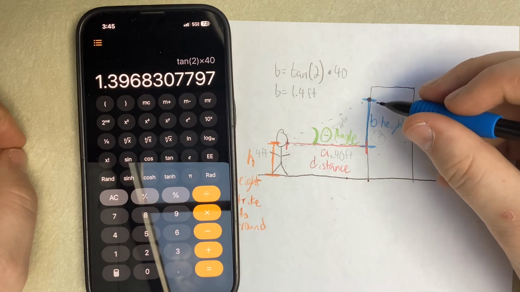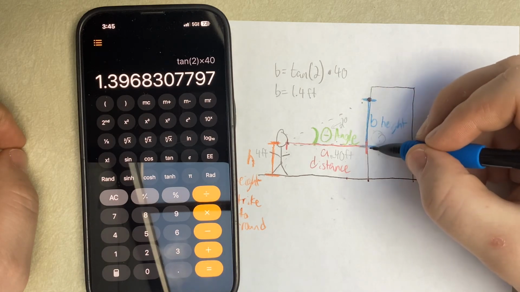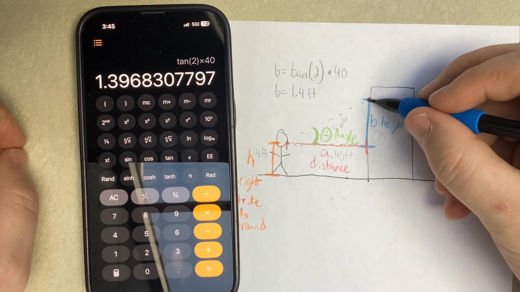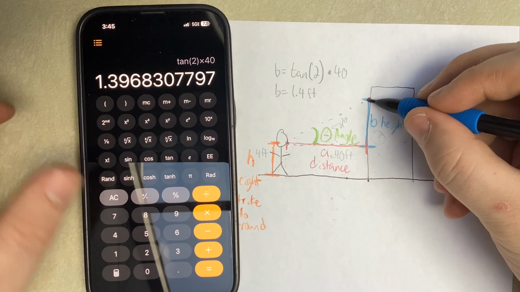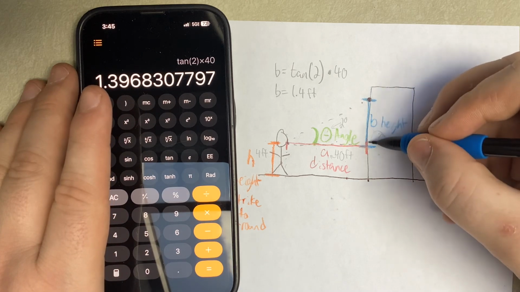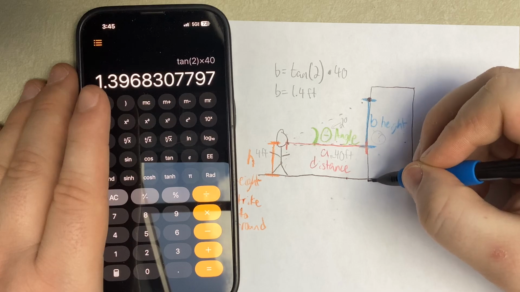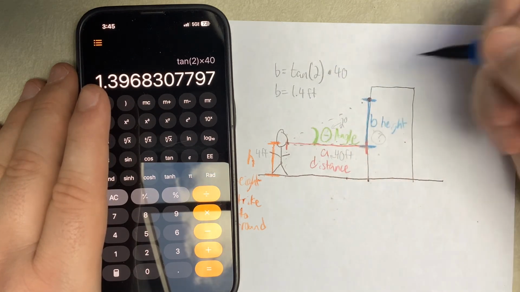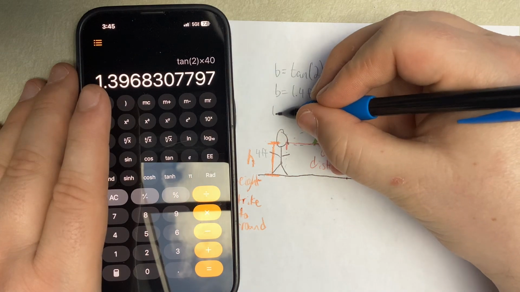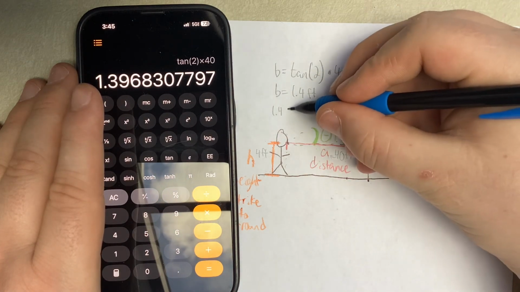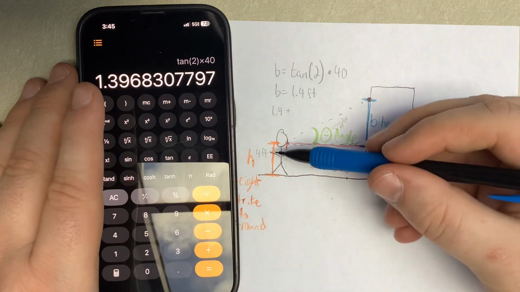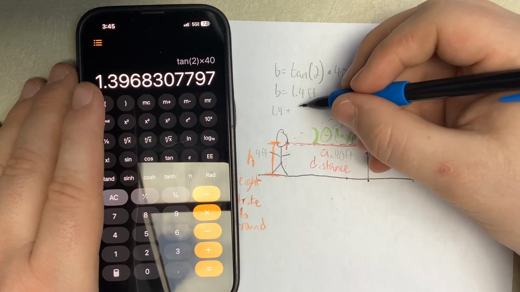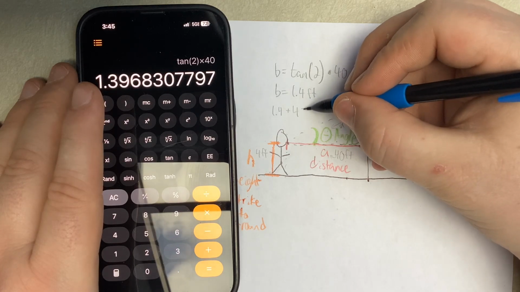Now that's not my final answer because that's only going to tell me from here to here. That doesn't tell me the height from which it was actually taken from. So to find that final height, I need to go from here, not down to here, but all the way to the ground. So I just need to add it to something. My total height that I'm going to be looking for is just going to be that B value, 1.4 feet, and I need to add it to the distance that it gave me from where the person was struck down to the ground. 1.4 plus 4.